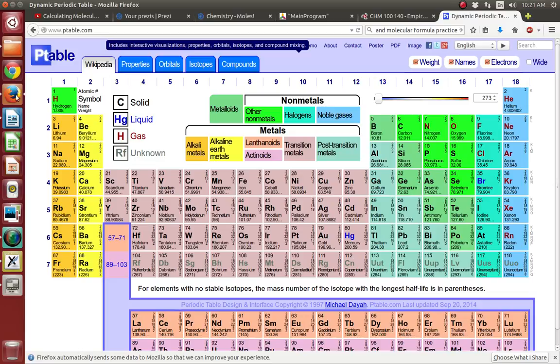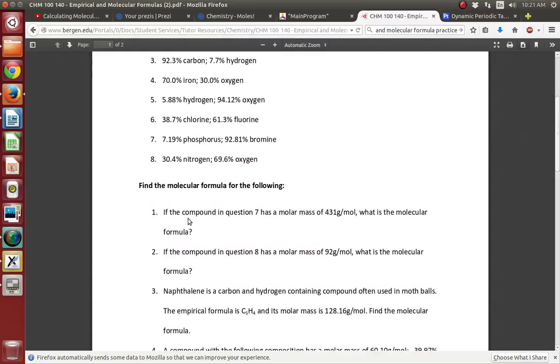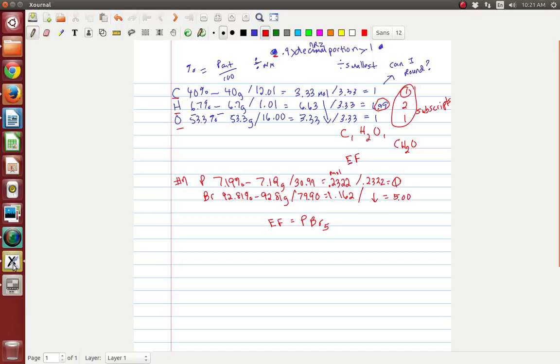So now I can go back, once I have that, and look at this question. Number 1, if the compound in question 7 has a molar mass of 431 grams, what is the molecular formula? So we have a molar mass, which we're going to call MM, of 431 grams.